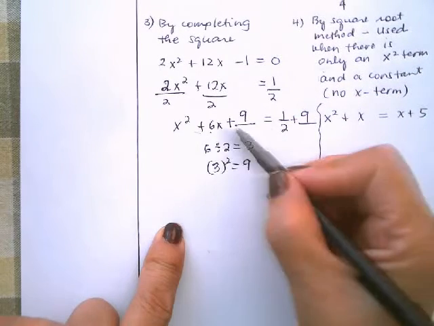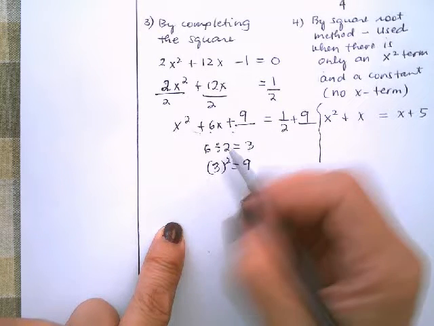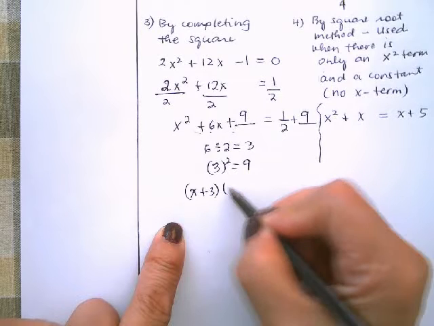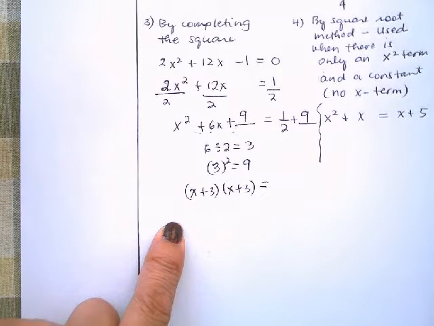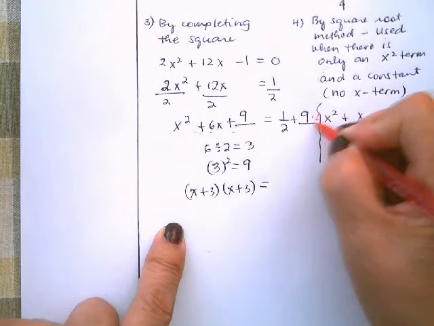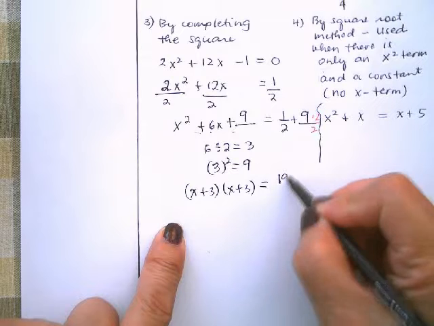Next step, we factor this and we add this. So when you factor that, that's going to be x plus 3 times x plus 3. And this one, if we multiply this by 2 over 2, so you're going to get 18 plus 1 is 19 over 2.